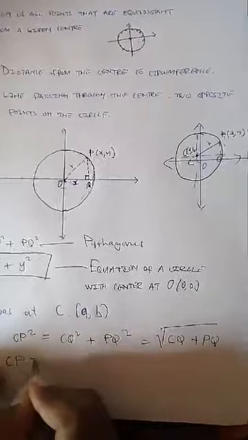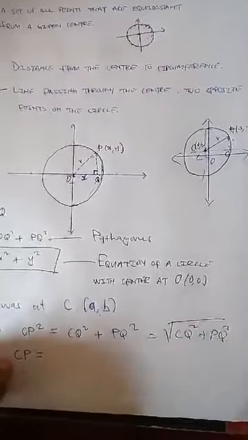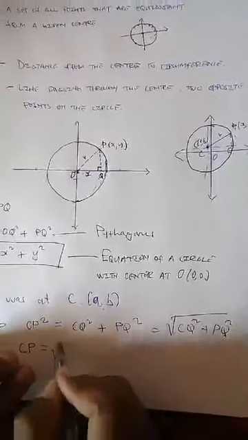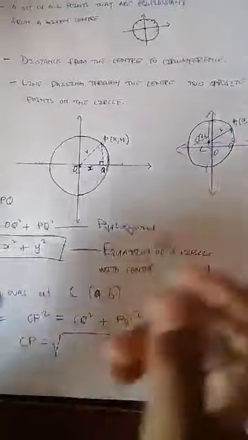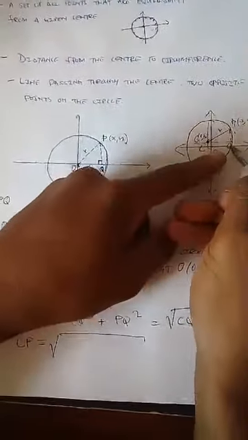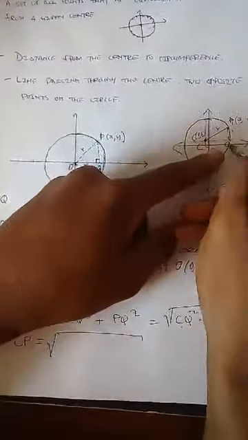Now, CQ squared is the distance between C and Q. And you see that P and Q are on the same X value.